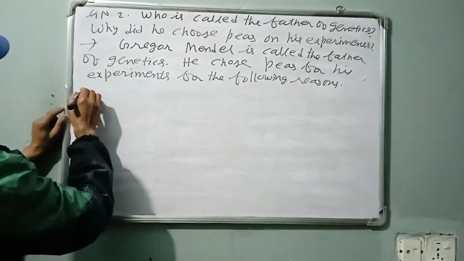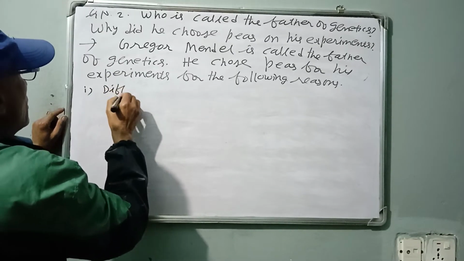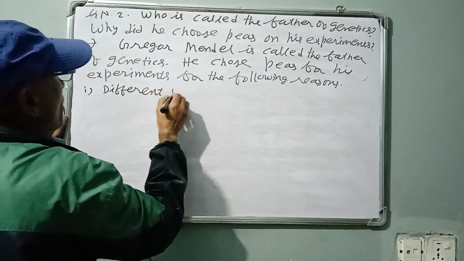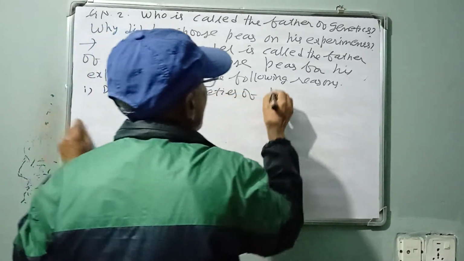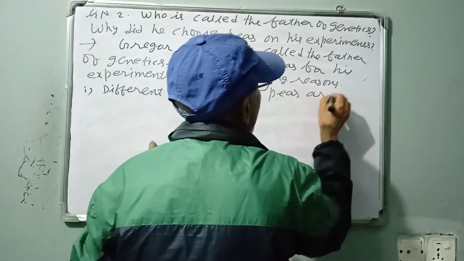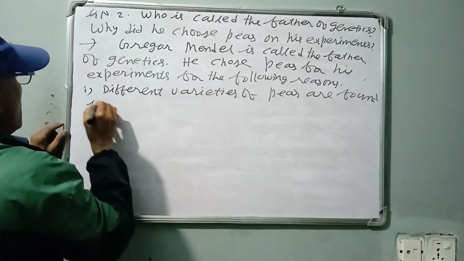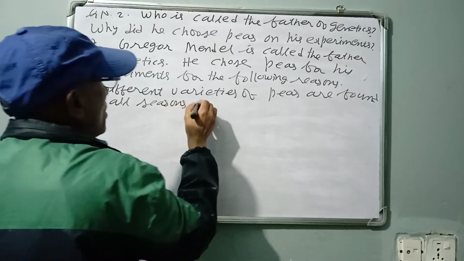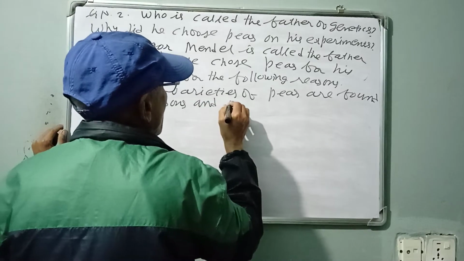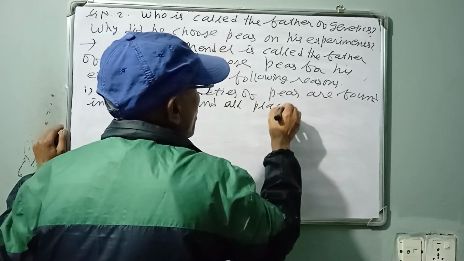Why did he choose peas? Number 1, different varieties of peas are found in all seasons and almost all places.